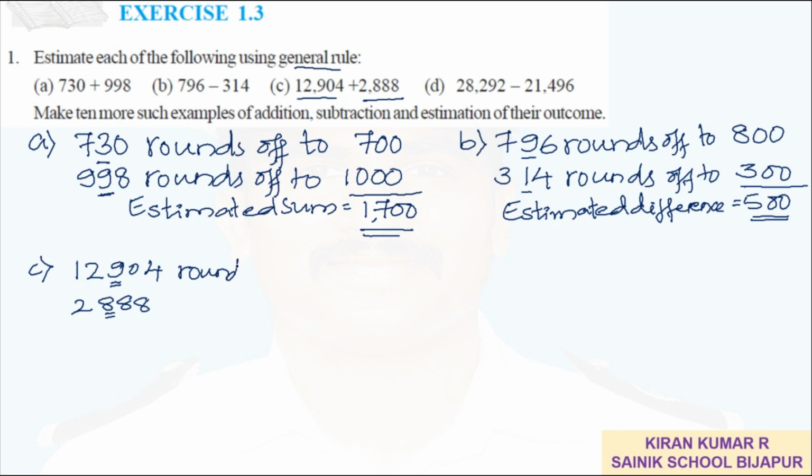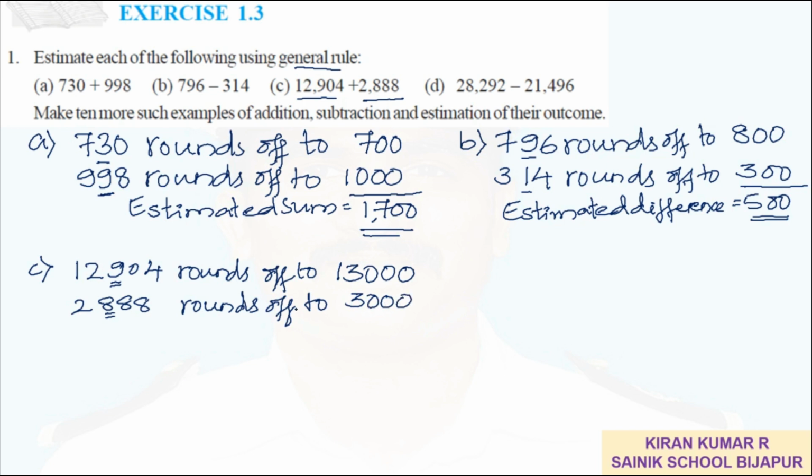This rounds off to, we have to look at this number, it is larger than 5, so it becomes 13, and these numbers we have to replace by zeros, so 13,000 is the rounded off number. 2,888 rounds off to 3000.